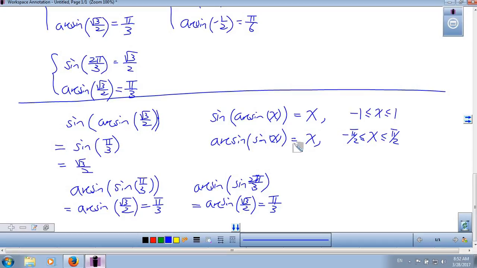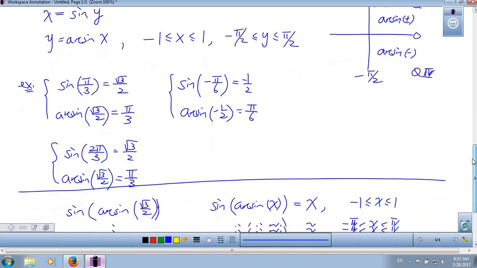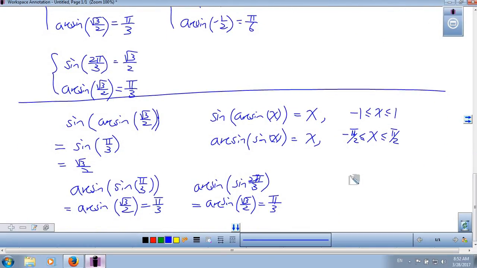It will not be true if x is not in the first quadrant or fourth quadrant. When we treat the fourth quadrant, we are dealing with the negative part of it, from 0 to negative pi over 2, so from 0 to negative 90 degrees, rather than from 270 to 360. Even though they're coterminal angles, we're dealing with the negative measure here.